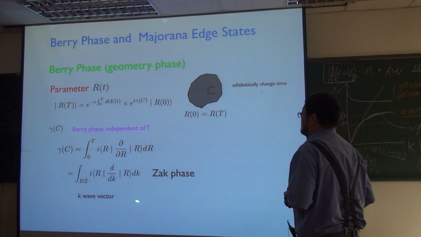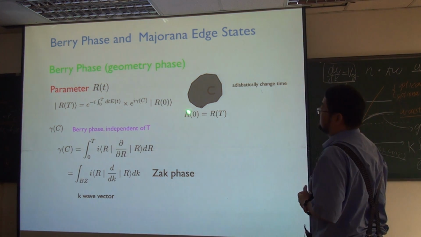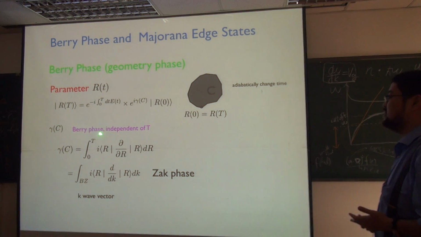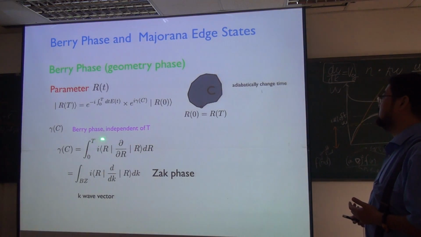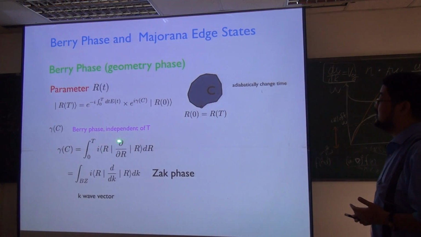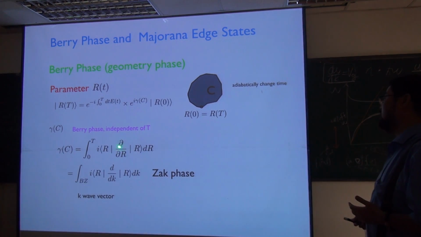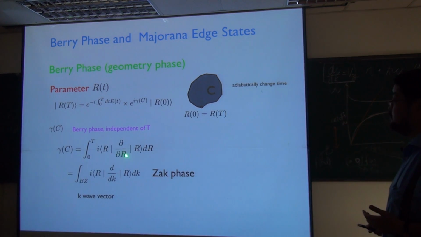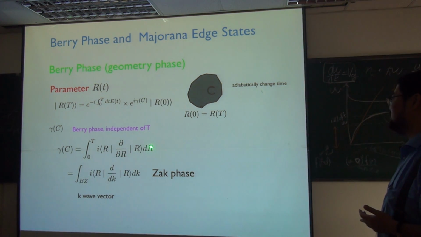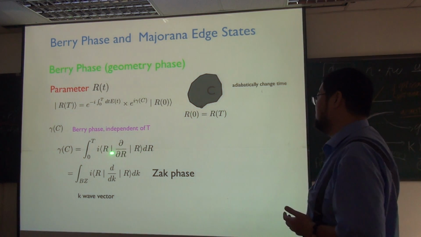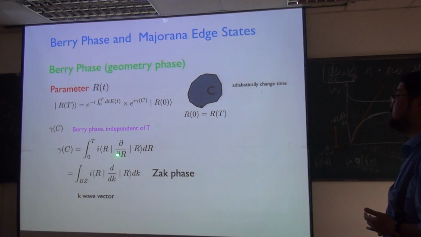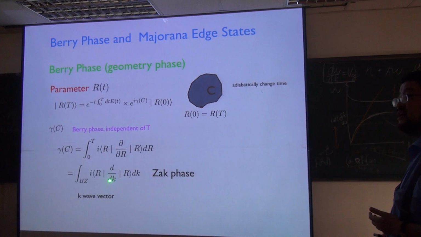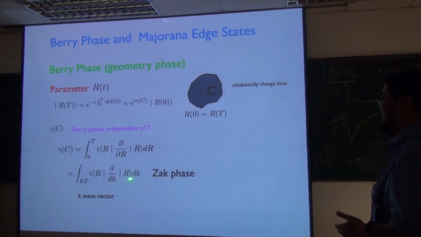If you follow this definition, the Berry phase can be defined as the Berry connection from 0 to t. If you do this algebraically, that's partial r, and this we call the Berry connection, and you have dr. This is a very good thing because you use partial integral, so you can change the parameter here to k, or theta or something.